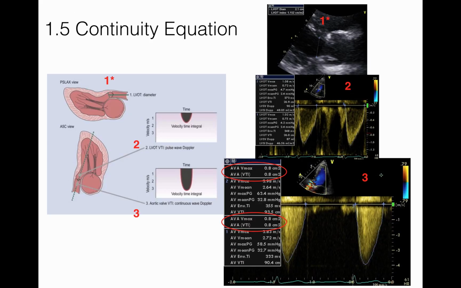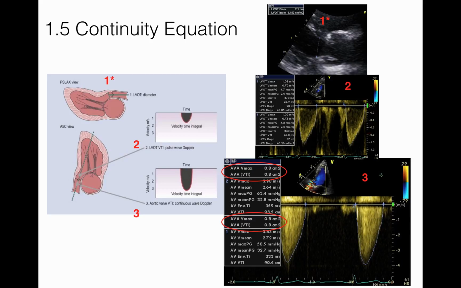The continuity equation is routinely used to estimate valve area, especially the aortic valve area, to help determine the degree of stenosis. This measurement is based on the conservation of matter, that is, that the blood volume leaving the left ventricular outflow tract equals the volume passing through the aortic valve.